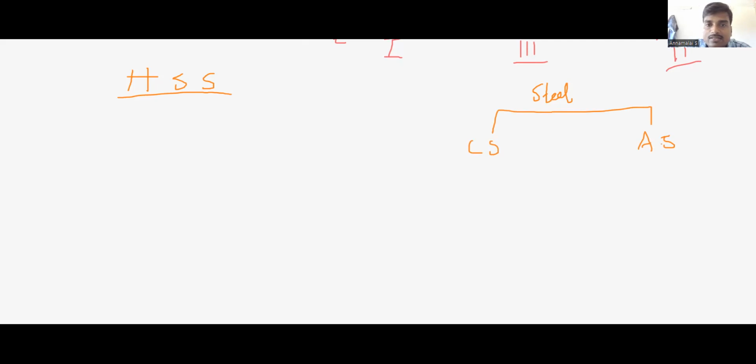Carbon steel is further classified based on carbon composition into low carbon steel, medium carbon steel, and high carbon steel.